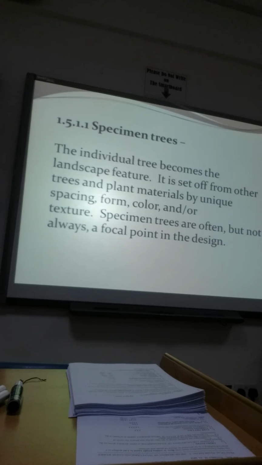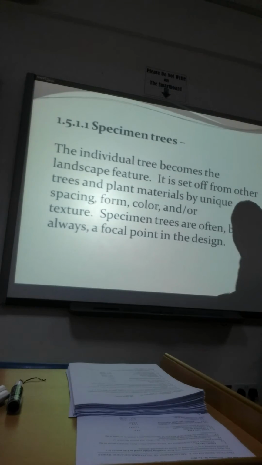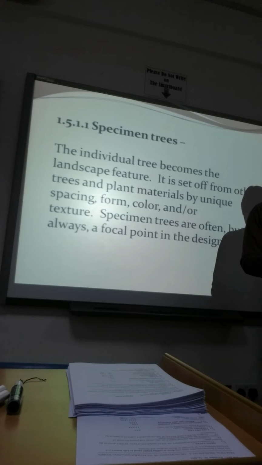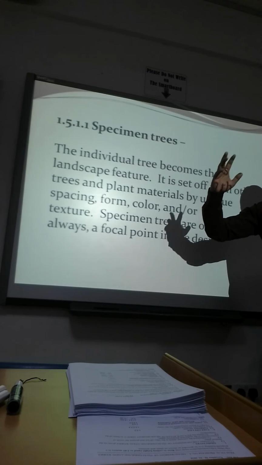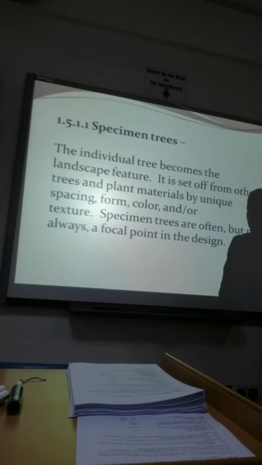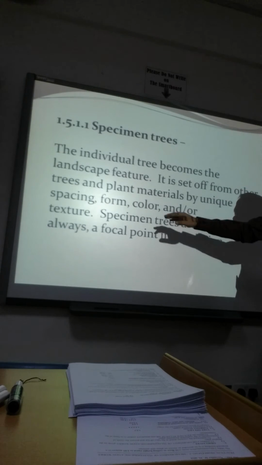The individual tree becomes the landscape feature. It is set off from other trees and plant materials by unique spacing. You must have an order of spacing, an order of the form of trees. Maybe trees that are circular in shape will be grouped in a given section, or trees with a triangular shape; it depends on the form.